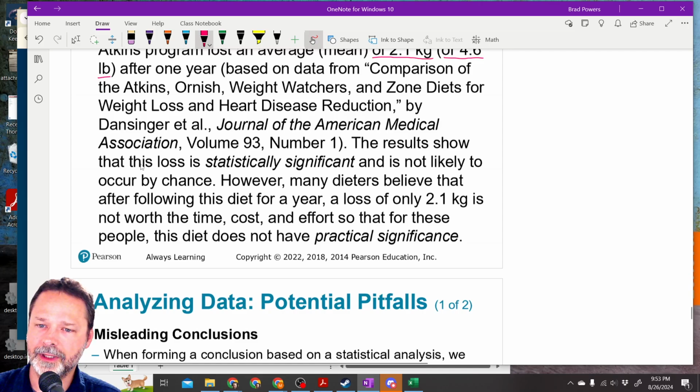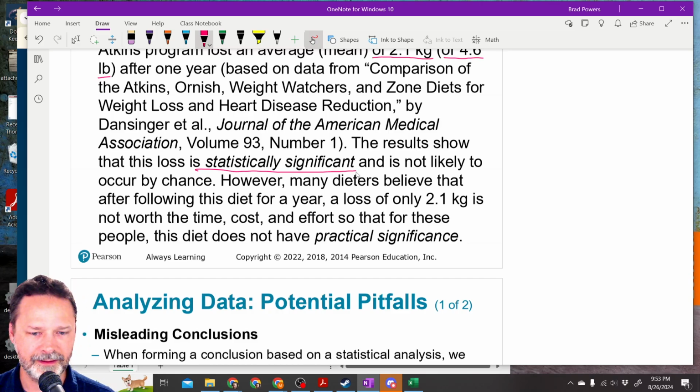The results show that the loss is statistically significant. They were able to say with confidence that, hey, you're on this diet for a year, you're going to lose a little less than 5 pounds. So we're able to make that statement, then that doesn't happen by itself. So it must be because of the diet.